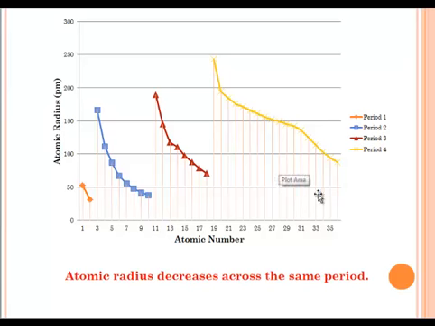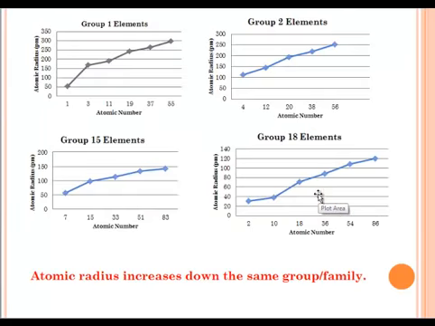So now you have this general trend, and we also discussed the correlation between the ionization energy and the size, the atomic radius. From top to bottom for each family or group, the size increases and the first ionization energy decreases.